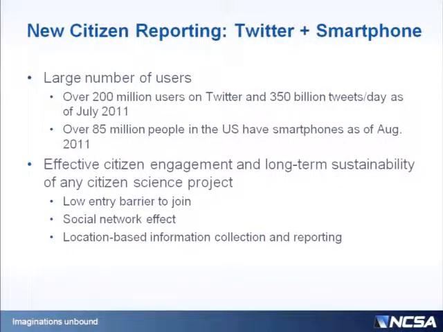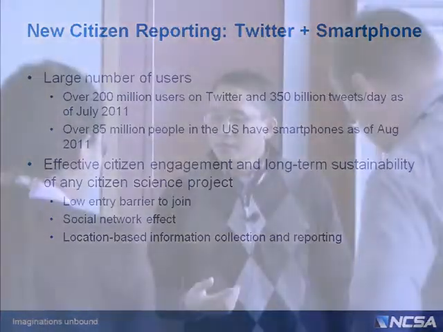So we think that we need to formalize and use the new citizen reporting mechanism, which is Twitter plus smartphone. The reasons are very obvious. The first reason is that there are already a large number of citizens using these tools. For example, as of July 2011, there are over 200 million users on Twitter and 350 billion tweets are posted per day.